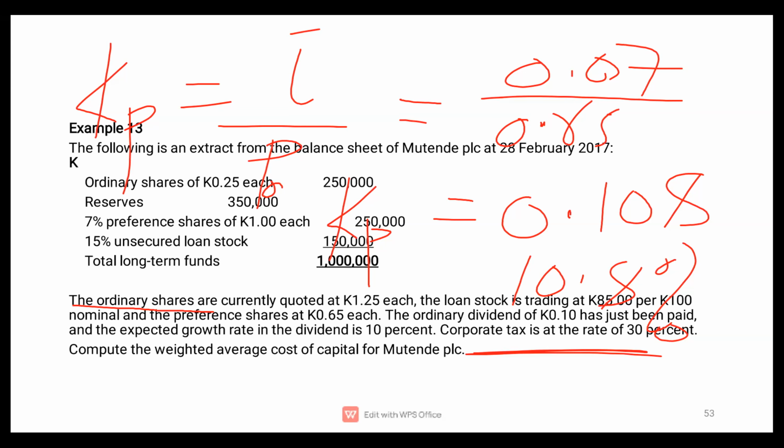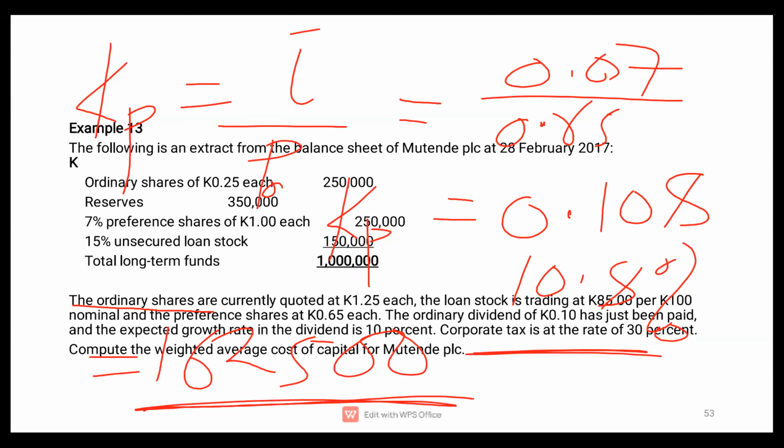How did you find it? Maybe someone has a question on how that has been found. Value of preference shares: we multiply 65 ngwe by the number of preference shares, which are 250,000. Okay, is that clear? So that is the market value.